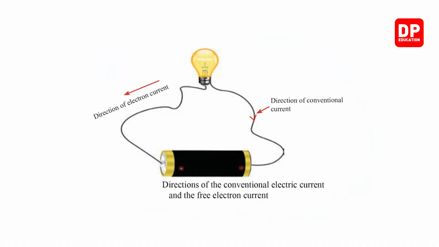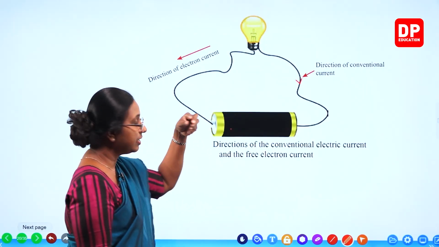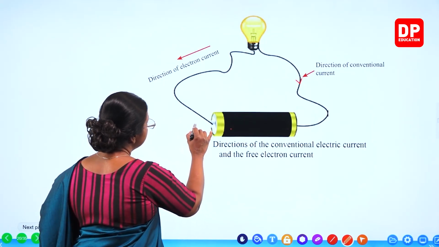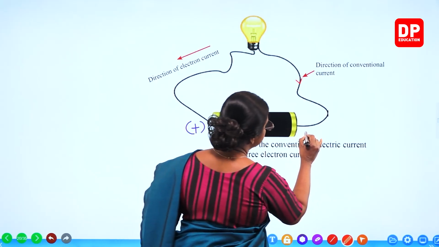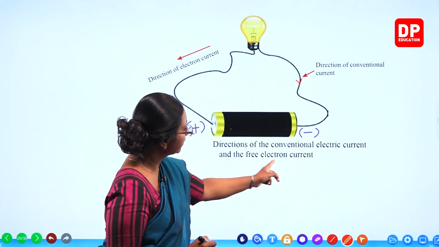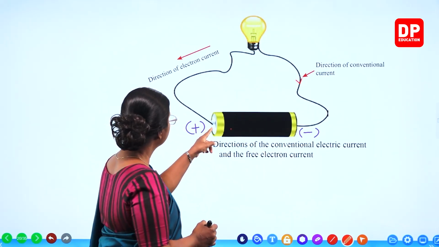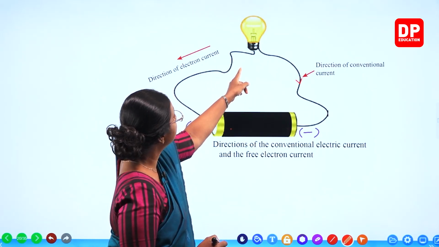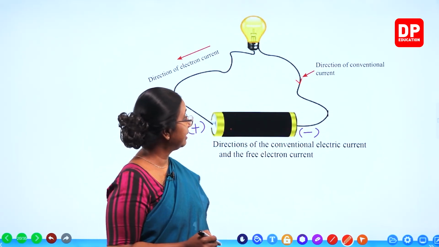So here, this is a circuit. Now here you can see the battery connected. Here you can see the head of the battery, so that means this is the positive terminal of the battery and this is the negative terminal of the battery. Directions of the conventional electric current and the free electron current. From the positive terminal, through the bulb, the conducting wire is connected to the negative terminal.